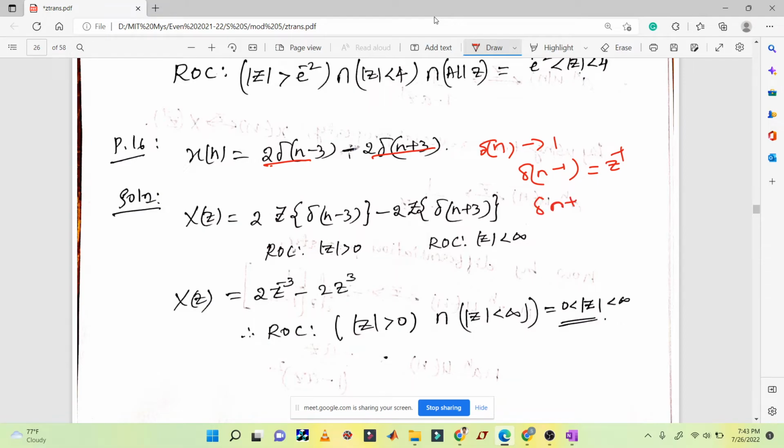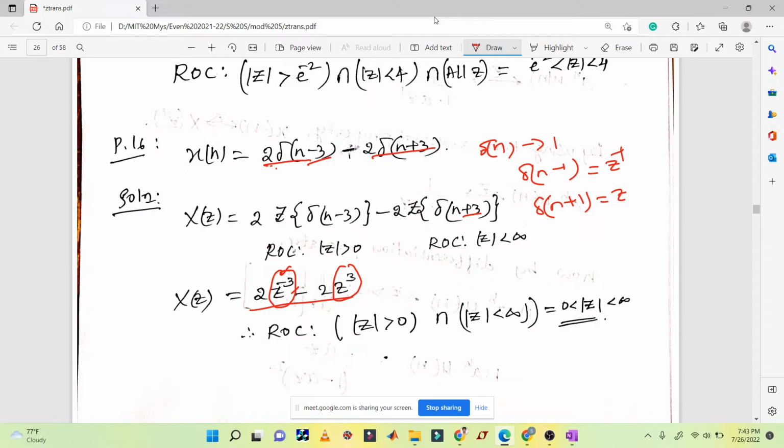Delta of n plus 1 is z. Similarly, on that note, we will get ROC as 2 to the power z minus 3, because it is shifted by minus 3. Here it is shifted by plus 3, so it is 2 to the power z power 3. So this will have ROC greater than 0. This will have ROC less than infinity.